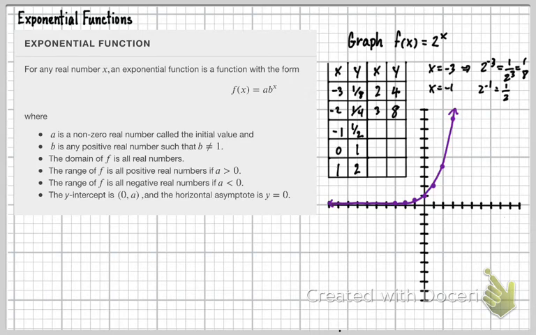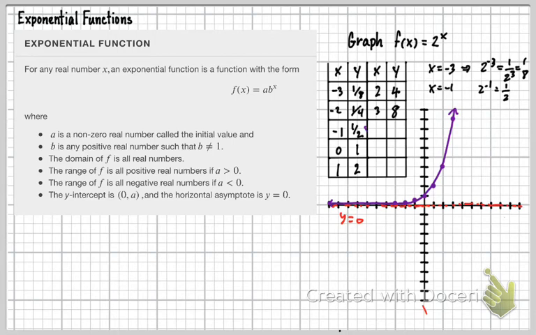Now let's take a look at some of these conditions that it actually talked about in here. Like for instance, the horizontal asymptote at y equals 0. And now we can see where I would have this horizontal asymptote at y equals 0.